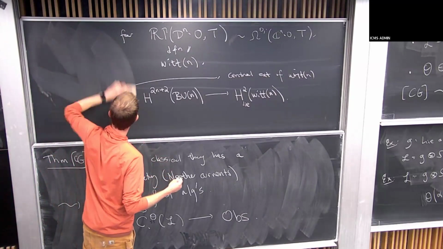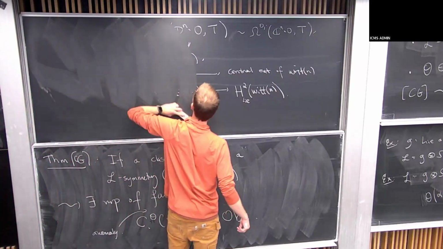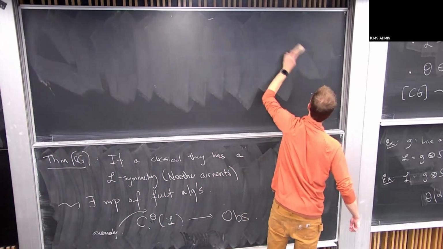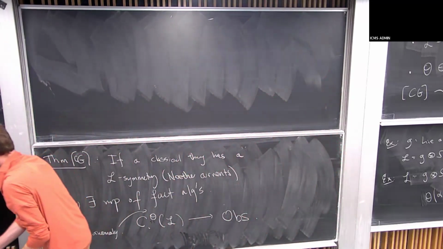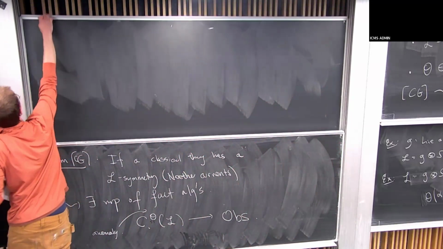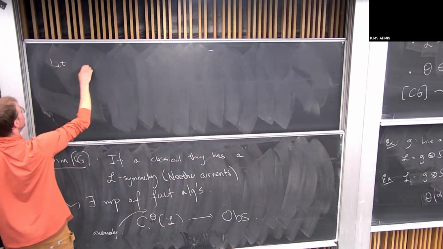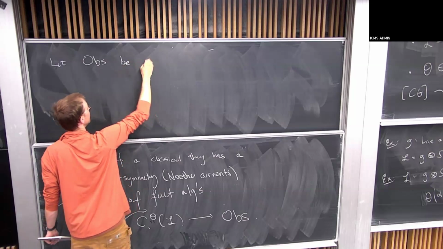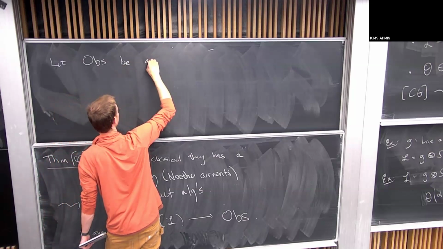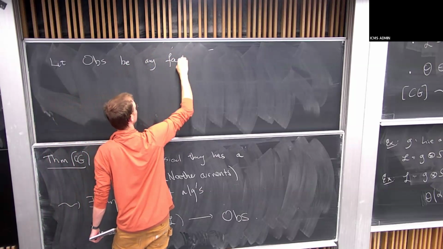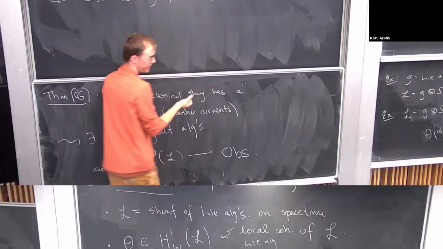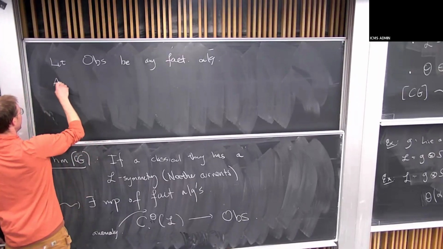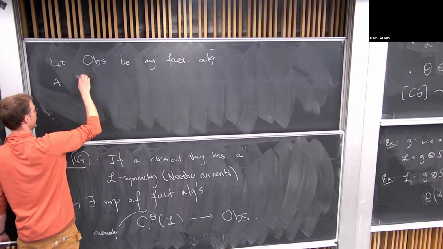So this lets me make the following ansatz. Let obs be just any factorization algebra. It could be the factorization algebra associated with some quantum field theory if you like. But I could now define a sort of holomorphic structure. I don't have a better name for this yet.